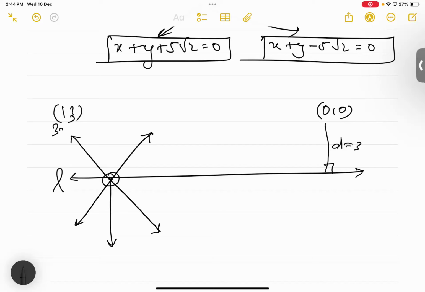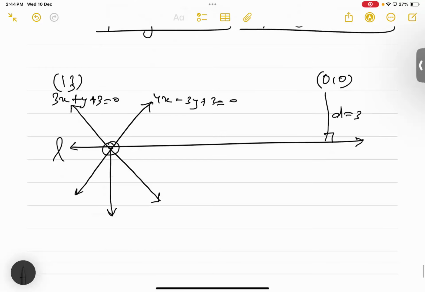So what are the two equations of the lines which are intersecting? 3x plus y plus 3 is equal to 0 and 4x minus 3y plus 3 equal to 0, right? Yes or no? So solve these two equations simultaneously.